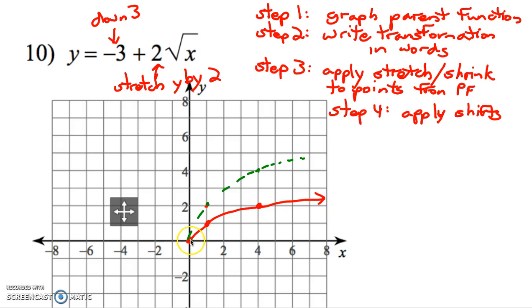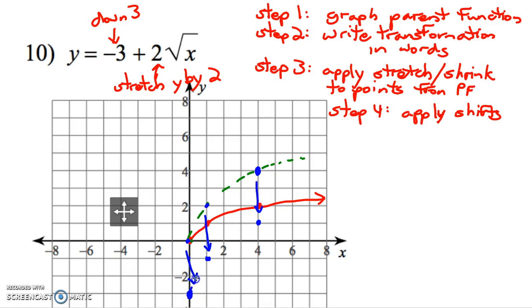I'm taking this point and moving it 1, 2, 3, down 3 and putting it here. I'm taking this point and moving it down 1, 2, 3 and putting it here. And the last point I drew was this one, so it's important to draw them big enough to look back at them and find them. Move that down 3, 1, 2, 3. And now you don't have to draw those arrows. I'm just trying to show you where we're moving from and to.